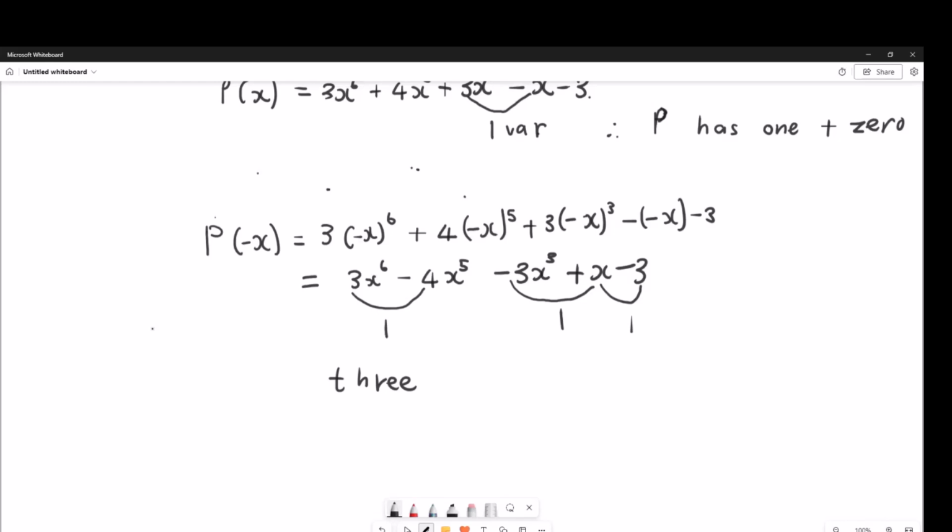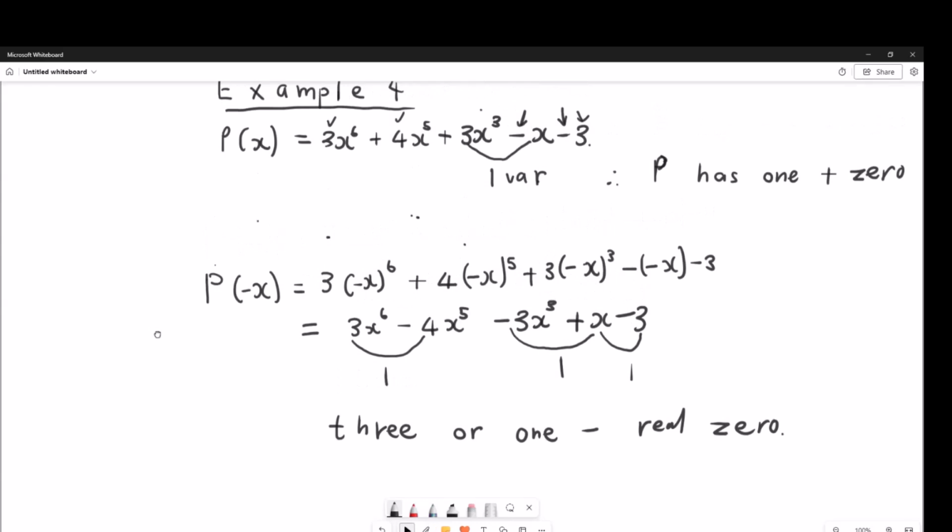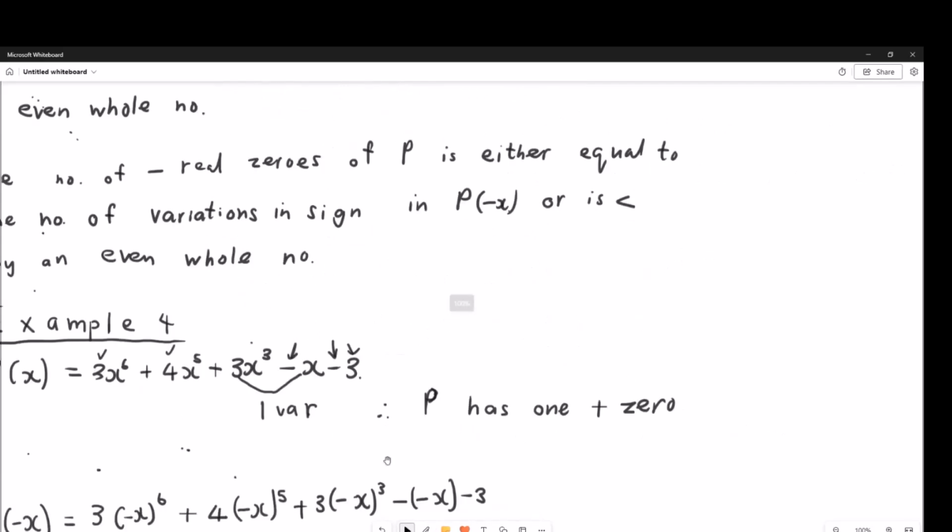So in the case of p of minus x, you have 3 negative real zeros, or you've got 1 negative real zero. So it's 3 or 1 negative real zero. That's the situation there.